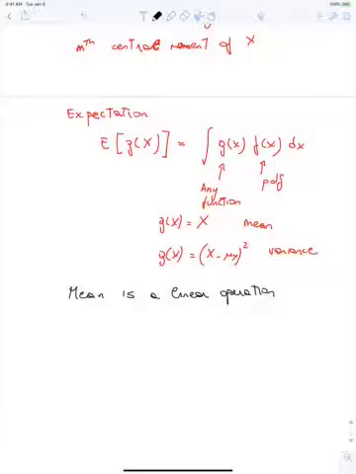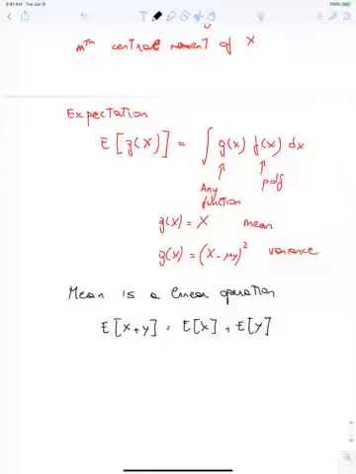So if I use the notation E of x plus y, this is the integral of x plus y. Well, I'm not going to prove it, but this is just the mean of x plus the mean of y. Or if you want, you can write it as a linear combination.